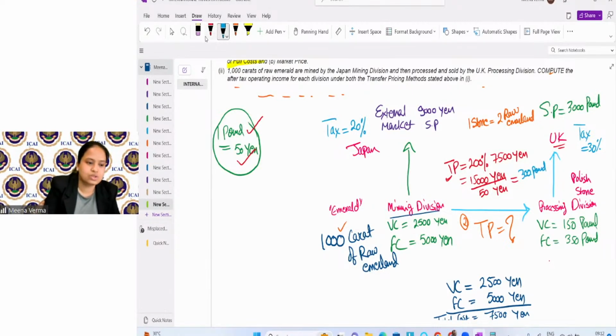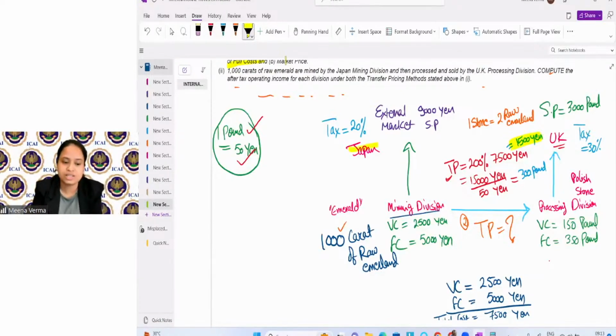So either you can say 15,000 yen is the transfer price, in Japanese currency, using the first method, total cost into 200%.